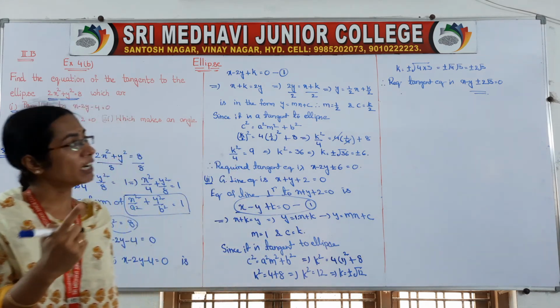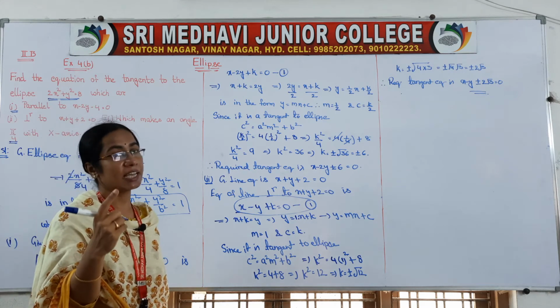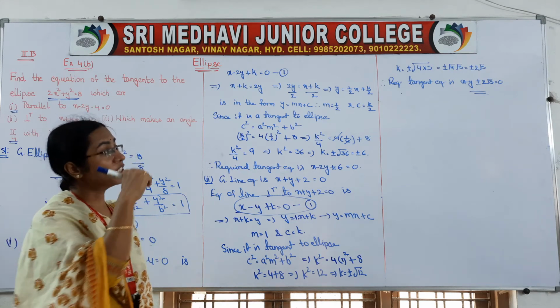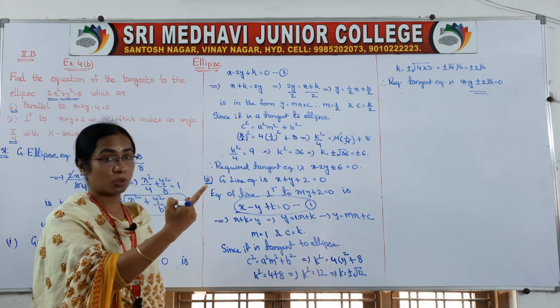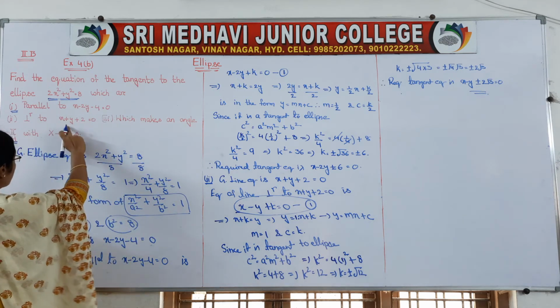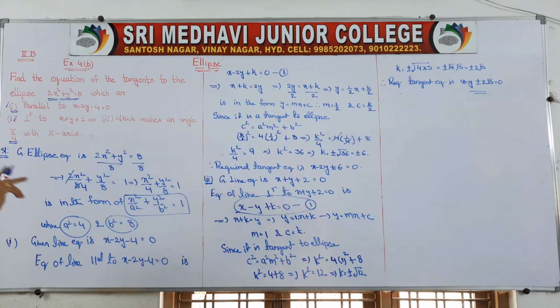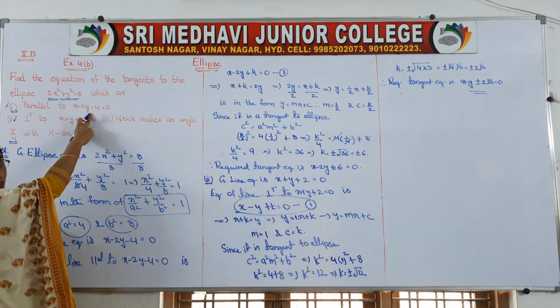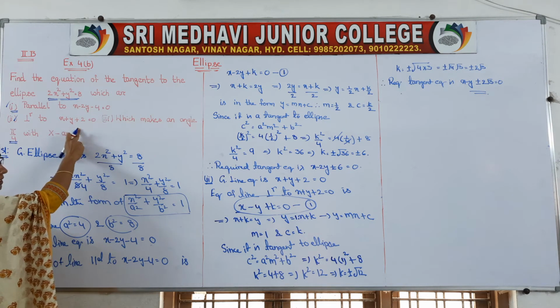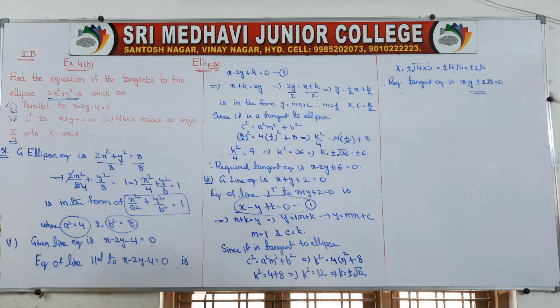So, we have to find the equation of the tangent to the ellipse which is perpendicular to this one. First one: the tangent is parallel to this one; second one: the tangent is perpendicular to this one.